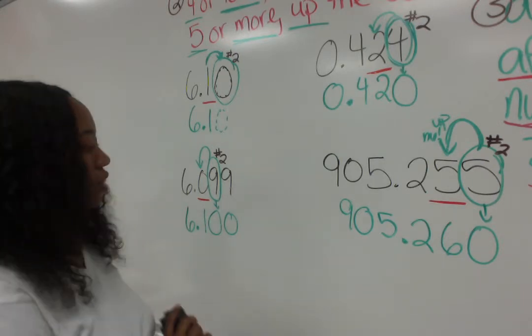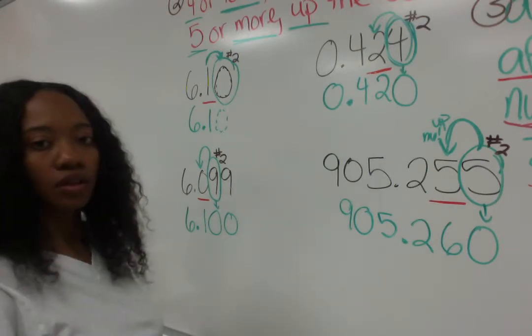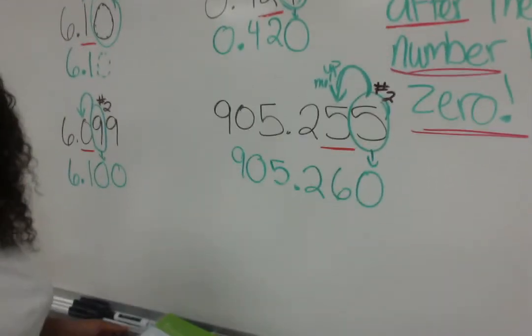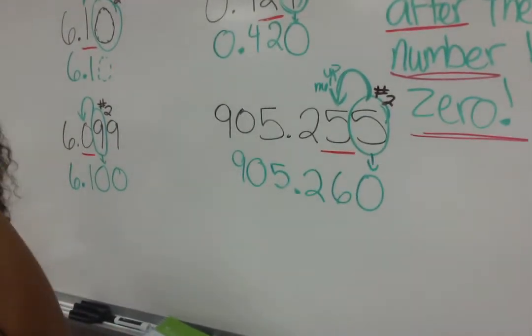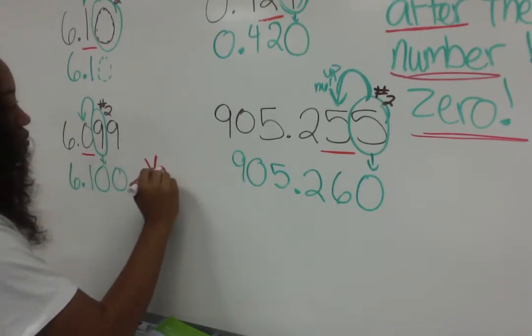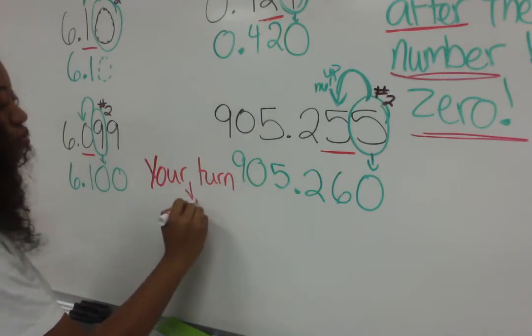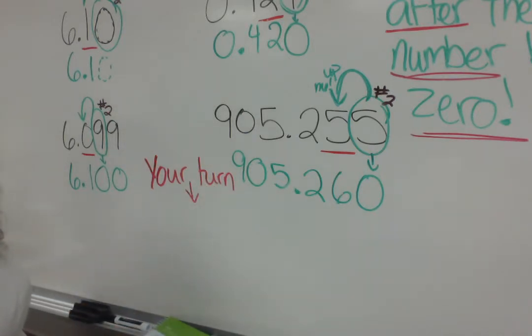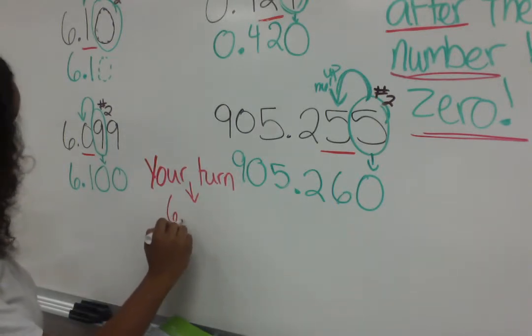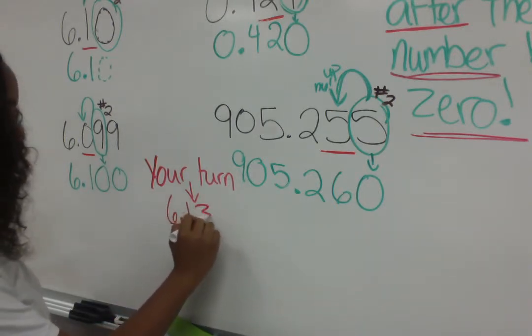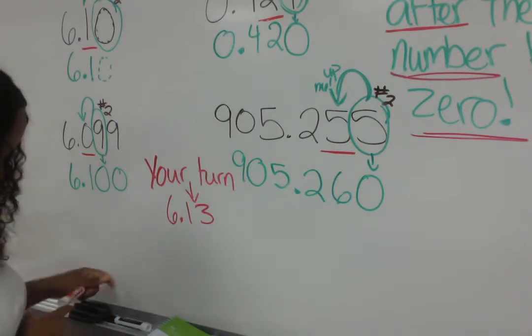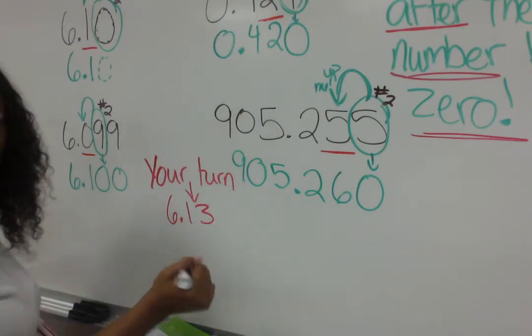I'll write them right here. These are the numbers you're going to round. 6 and 1 three-hundredths, the 1 is underlined.